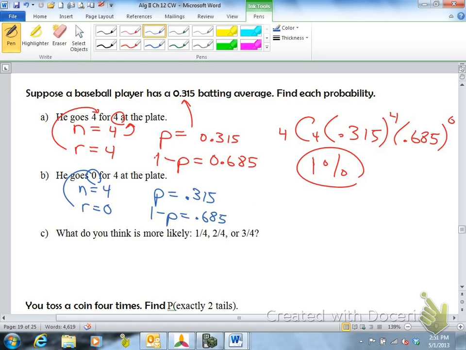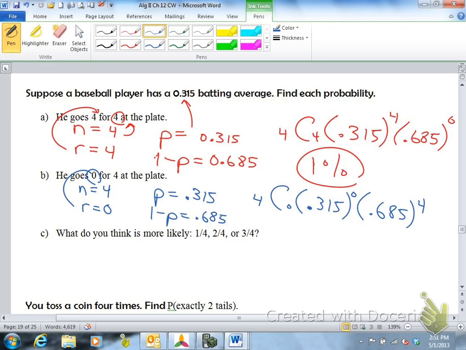So you'd have 4 choose 0, 0.315 to 0, 0.685 to the 4. This is to the 4 because you don't succeed at all, 0, and you fail 4 times. Fail meaning you get out, you don't get a hit.